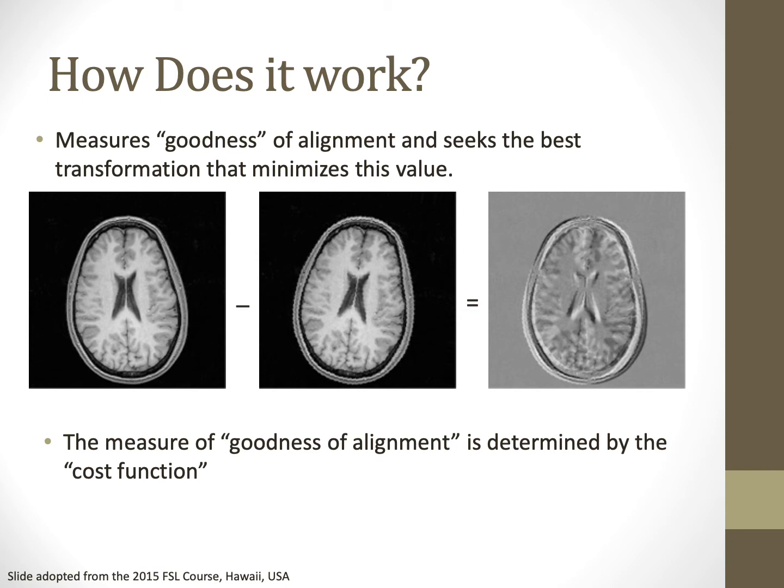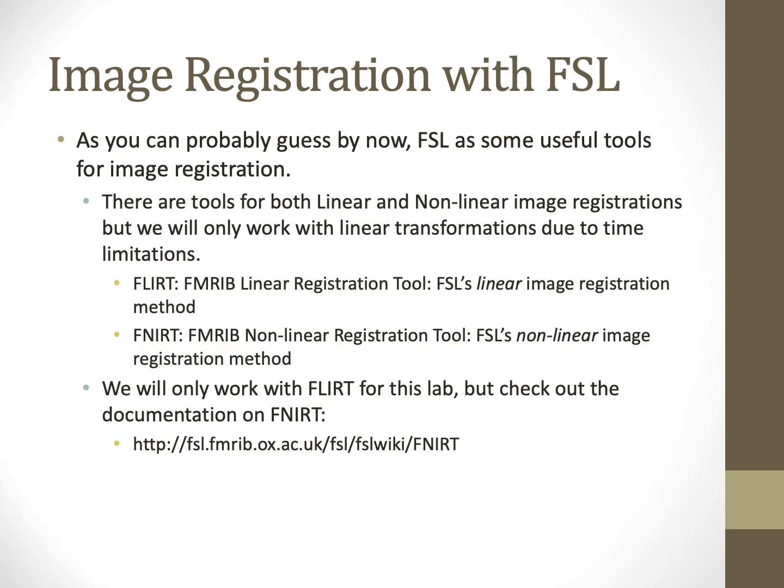The algorithm then tries to minimize that goodness of alignment measure to find the best transformation that takes our input image and aligns it to our template. The measure of goodness of alignment is determined by what's known as a cost function.